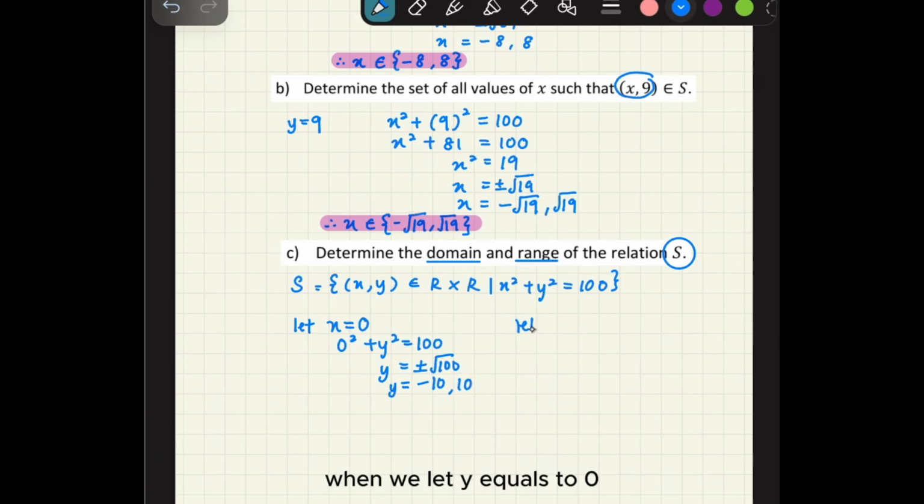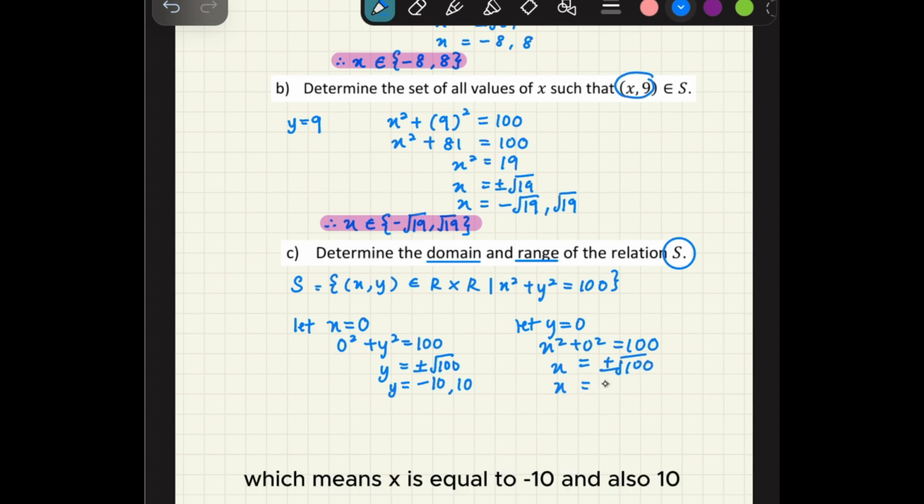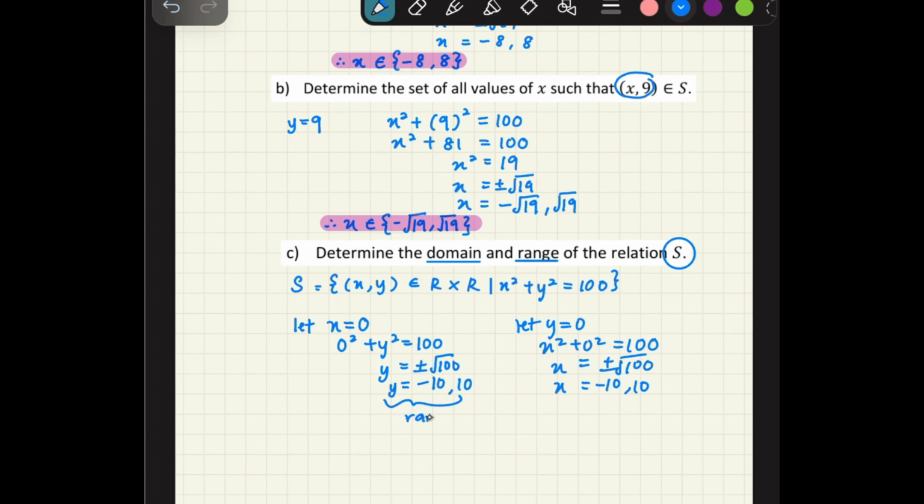When we let y equal 0, x squared plus 0 squared equals 100. We will get the same as before, x equals negative 10 and also 10. So it shows that this is for the range and this is for the domain.